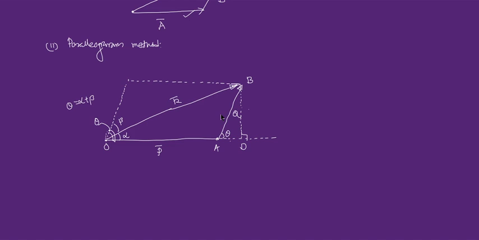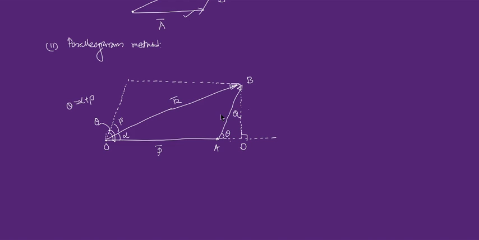Now this is again a right angle triangle. You can find this to be theta, and this is vector Q bar. Now if I want to find this component and likewise this component, I can get sin theta is equal to this DB divided by this vector Q bar.